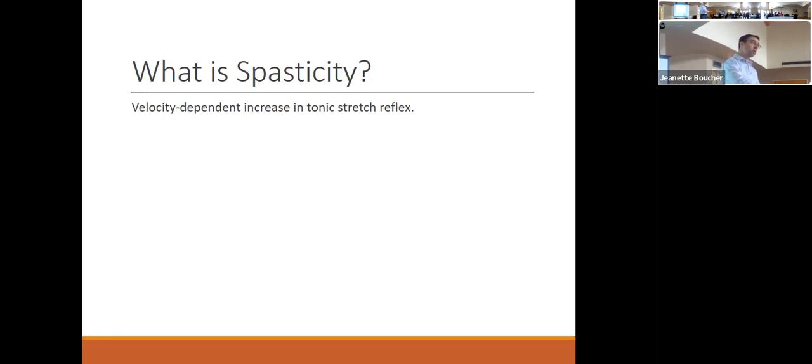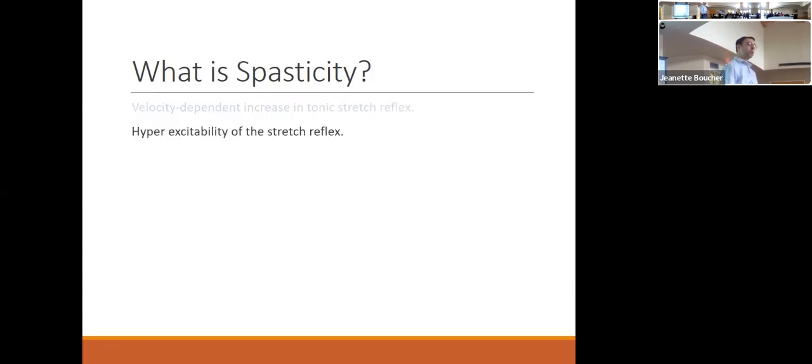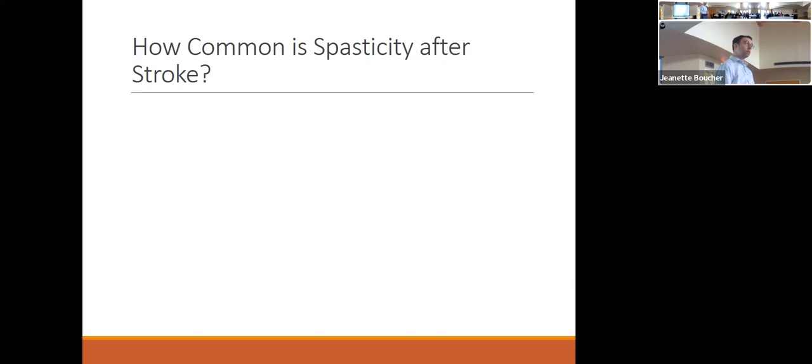So even if we're moving your limb slowly or you're moving your limb slowly, you'll see that increased muscle tone. But this is the textbook definition and gives us just a good objective way to evaluate. And so again, this is hyperexcitability of the stretch reflex. It's a difficult concept, but you all, or many of you, are intimately familiar with how it actually affects you.